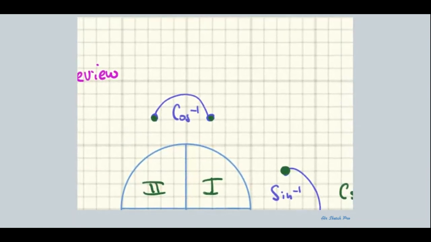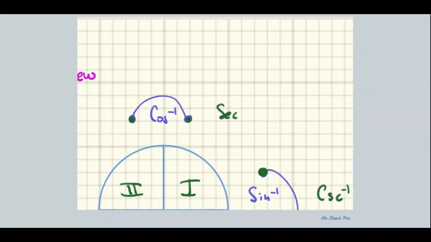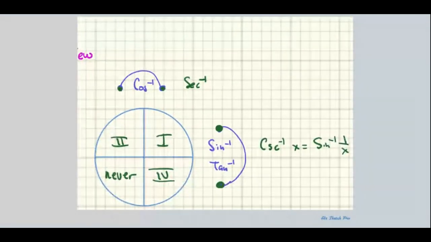For example, if I want the arc secant, that's another one that you don't have in your calculator. You got these 3 and you don't have the other 3, right? I'm asked to find the arc secant of x. I can find that using the arc cosine button of 1 over x. So you just reciprocate, right?